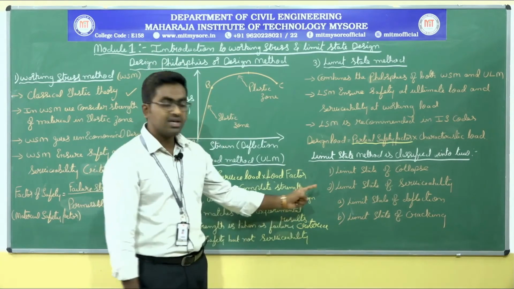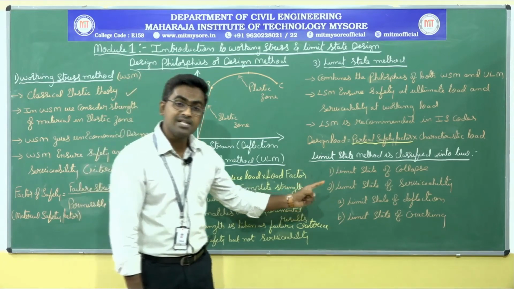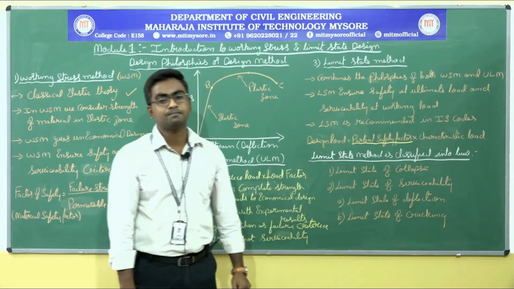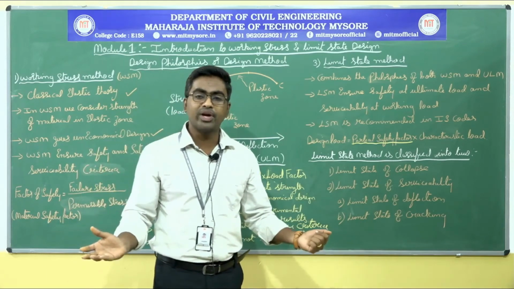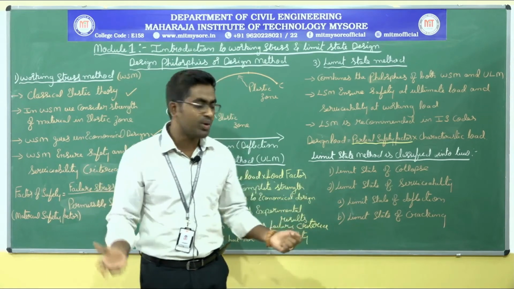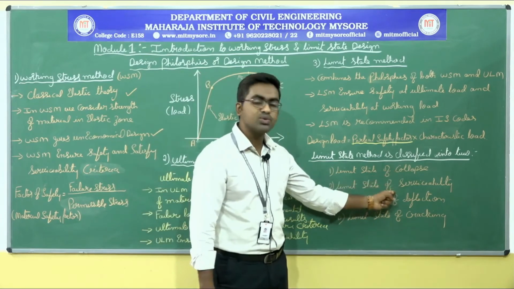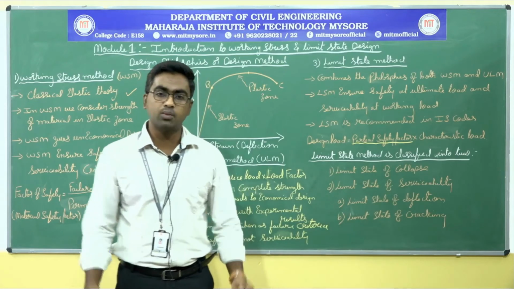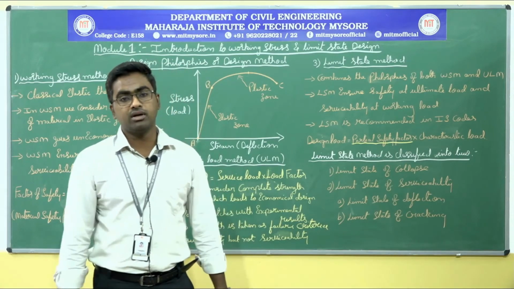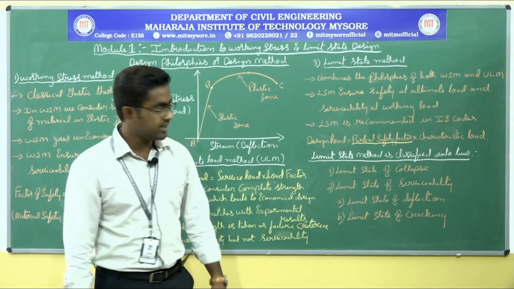So if you design any RC structural component using the limit state method, it is going to satisfy these two limit states, and that is the most important point, that is what we want, right?